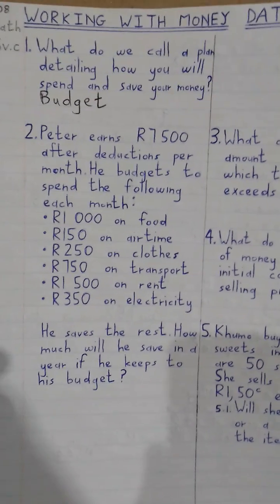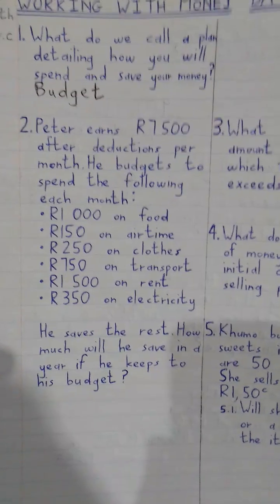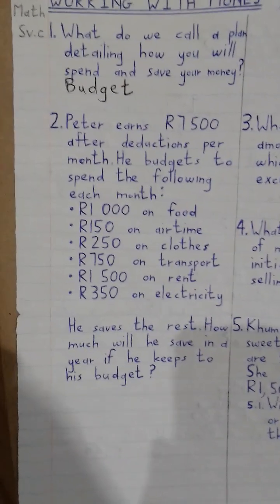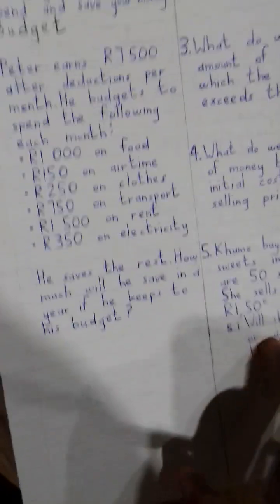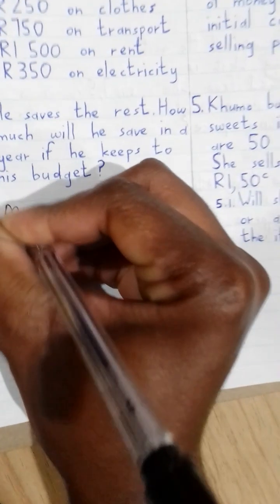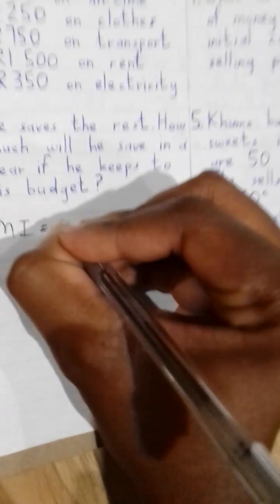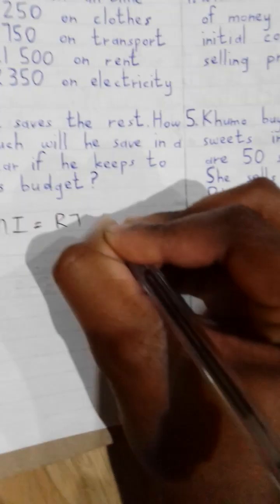He saves the rest. How much will he save in a year if he keeps to this budget? So you know that the monthly income, which I will abbreviate as MI, is 7,500 rands after tax deductions.